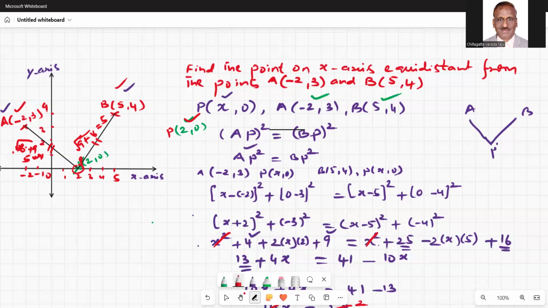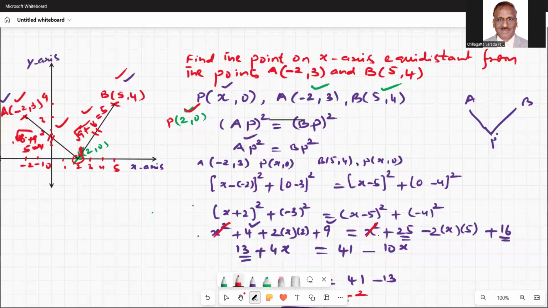After getting the point P only, we will be able to locate the point on x-axis equidistant from the two given points. In the examination, if this question comes and you want to show it on the graph on the Cartesian system, do it at the end. So that's why I left just plotting the points A and B, and the final completion of the graph I did at the end.